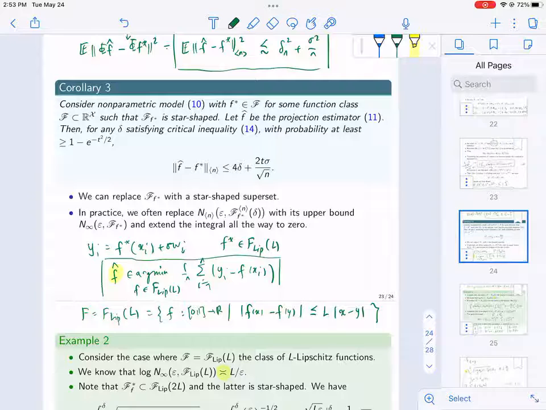So if I know L, I can always, yeah. Probably because our function class becomes larger, it's harder for us to get this. Yes, that's what I originally thought. But you can do this argument. If I know L, I can divide everything by L here, right? So I get yi divided by L. F star divided by L would be 1 Lipschitz.